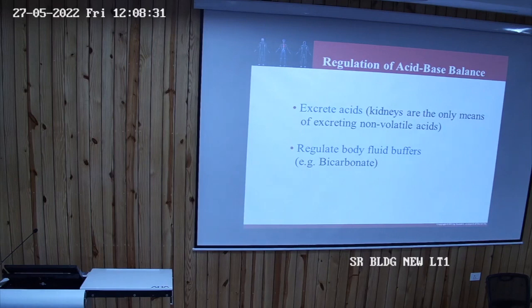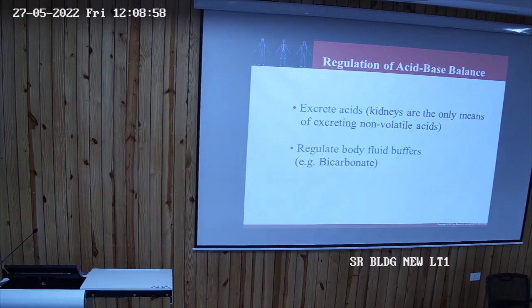Sulfuric acid and phosphoric acid are known as fixed acids. If the volatile acid increases, it can be corrected by hyperventilation. But if there is an increase in fixed acid, it cannot be removed by hyperventilation, so it is corrected with the help of the excretory system, with the help of bicarbonate ions.